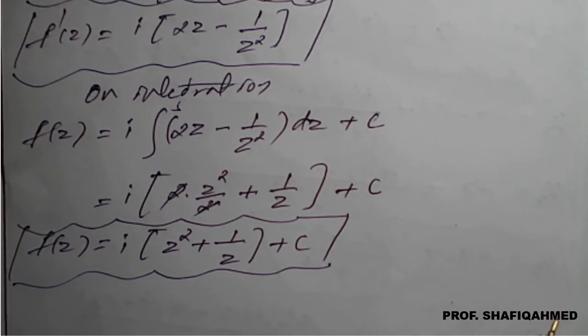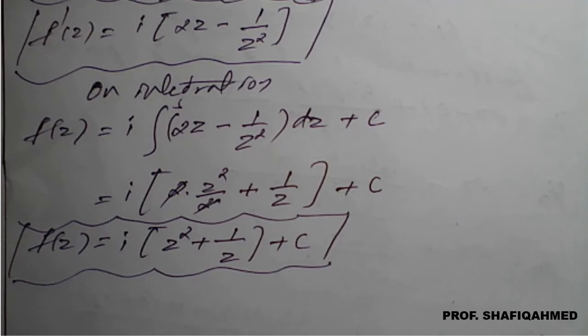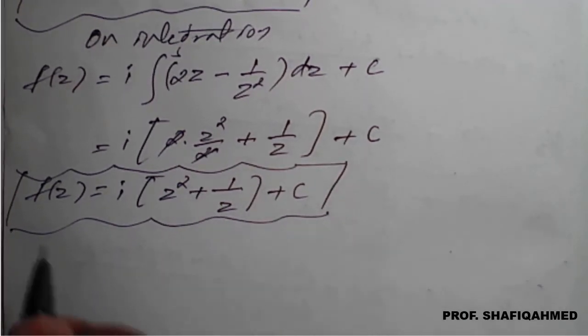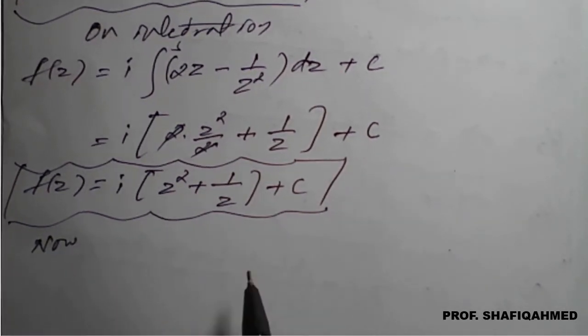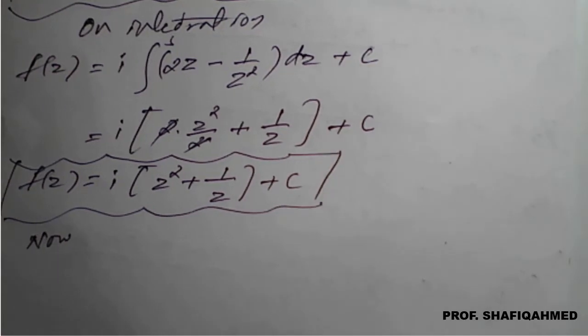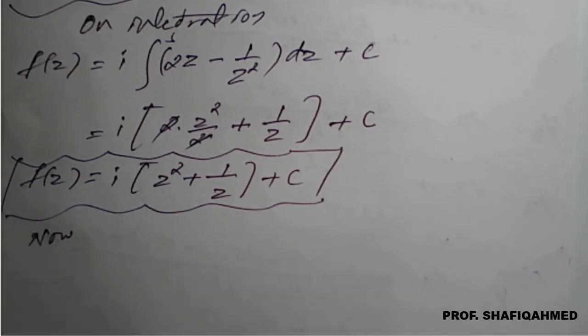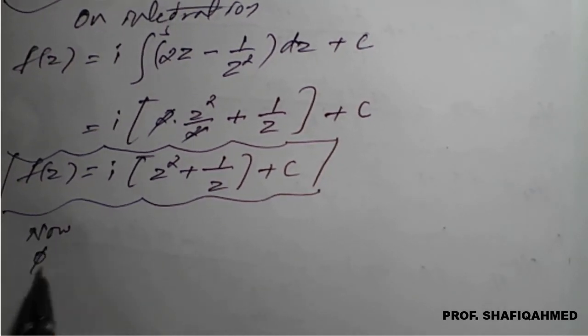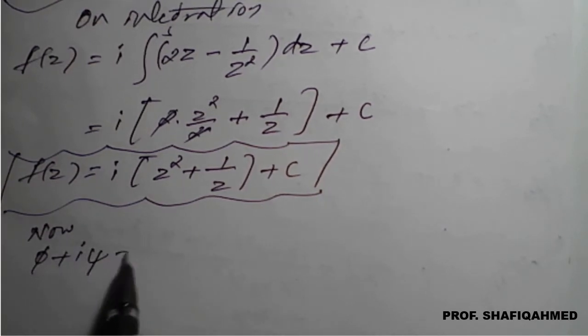But as per the required question we want the phi value. Phi is nothing but the real part. To get the real part we have to use again this f of z, which can be written as phi plus i times psi.